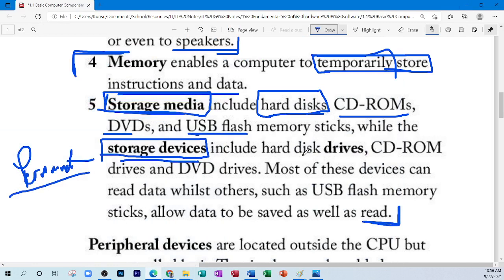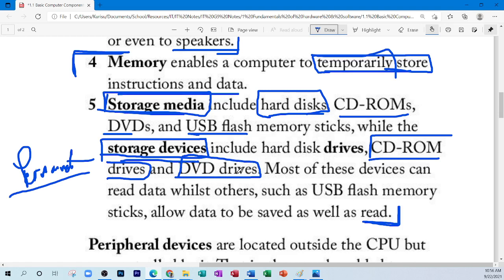For those of you who have a laptop or a desktop that has an area where you can put in a CD-ROM, anyone have a laptop or desktop like that? Yes, sir. Right. So that is called the CD drive. The fact that you can put a CD or a DVD into your computer, that is called a CD drive or a DVD drive, whichever one it can facilitate.